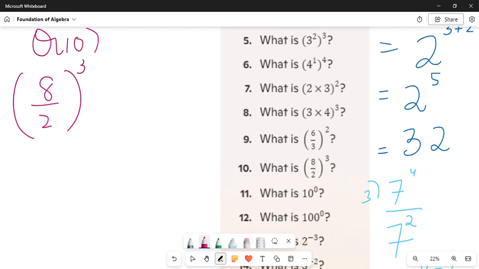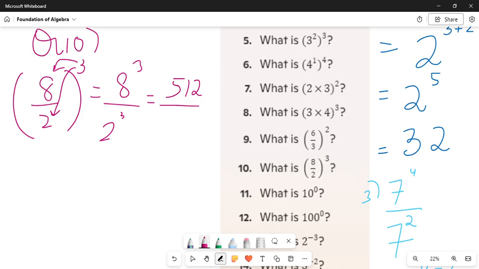Again, we're going to distribute this power to the bases inside. 8 to the power of 3 divided by 2 to the power of 3. 8 to the power of 3 is 512, divided by 2 to the power of 3, which is 8. So 512 divided by 8 is 64. So this is equal to 64.